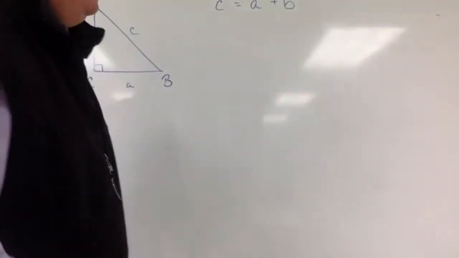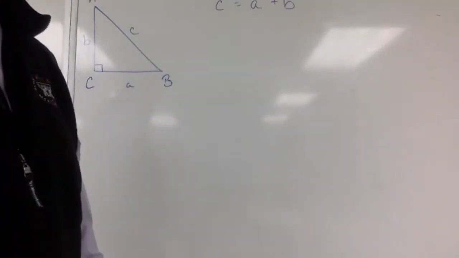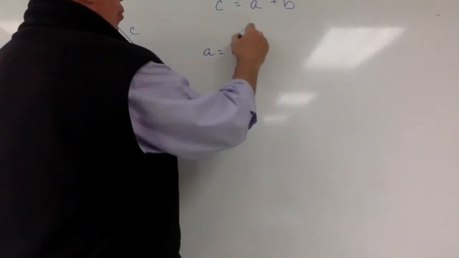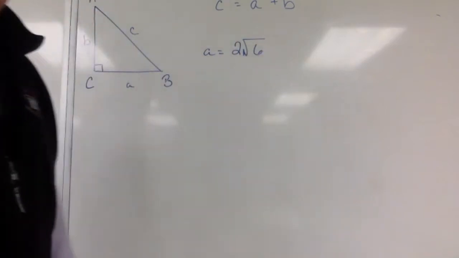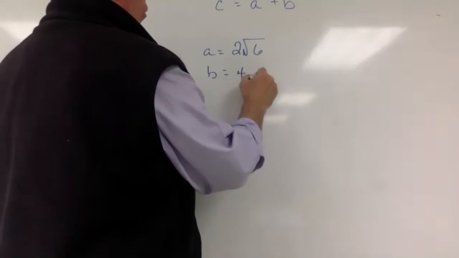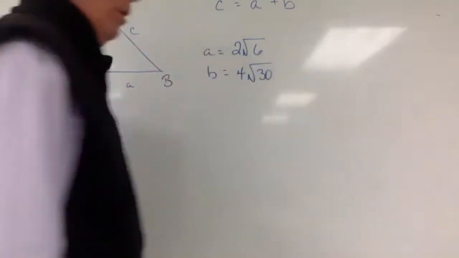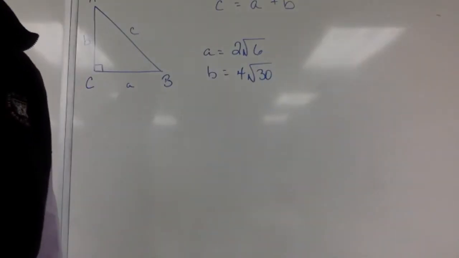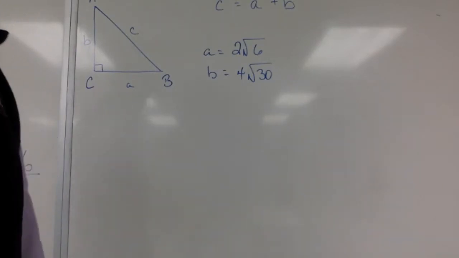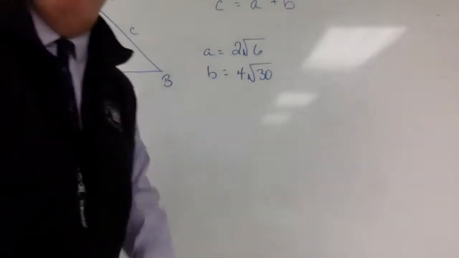All right, so for example, if I tell you you have a right triangle, and one of the legs is 2 radical 6, and the other leg is 4 radical 30, would you be able to tell me what the hypotenuse is? Well, if it's a right triangle, what do you know?